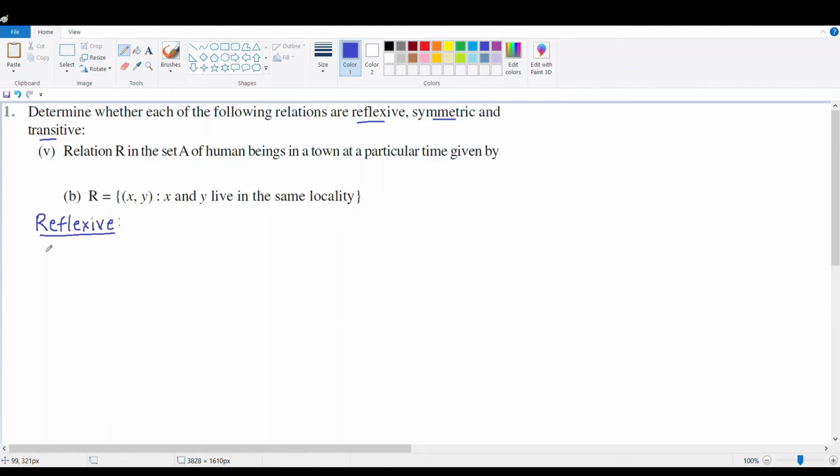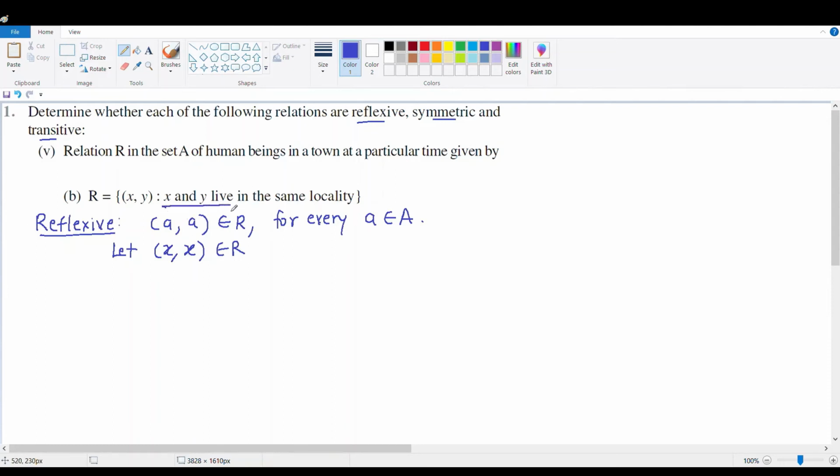Now the definition of reflexive relation is what? That you must have A comma A belongs to R for every A belongs to A. So let x comma x belongs to R. Now in this case you are given what?